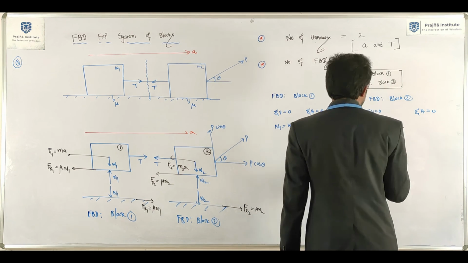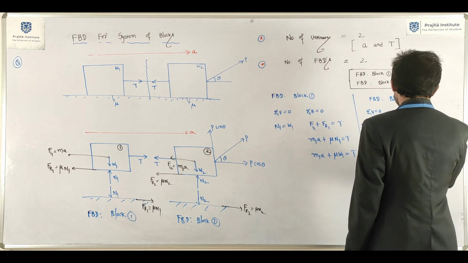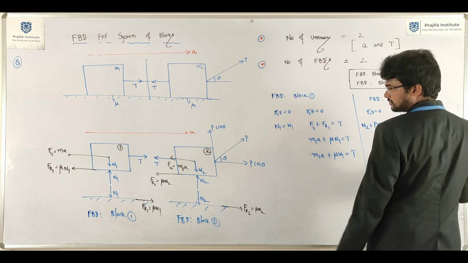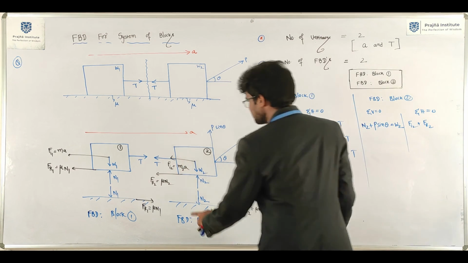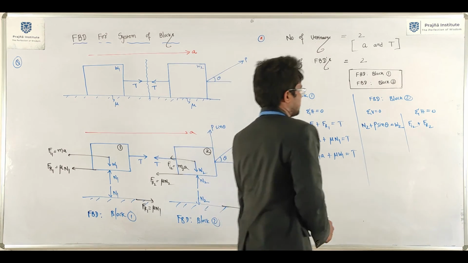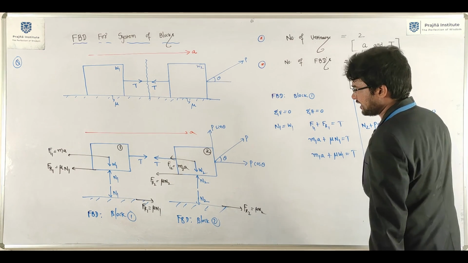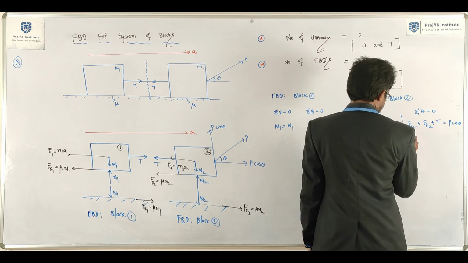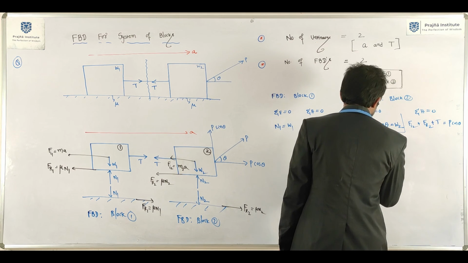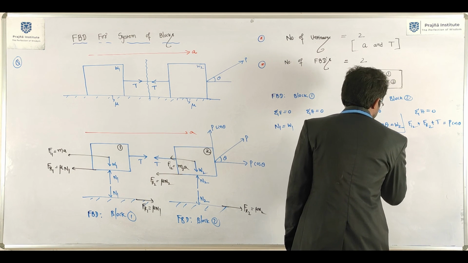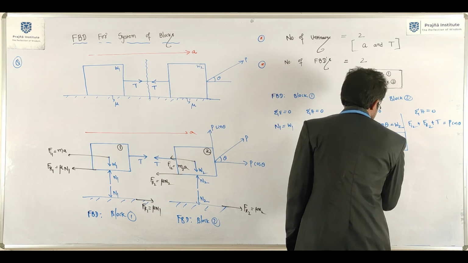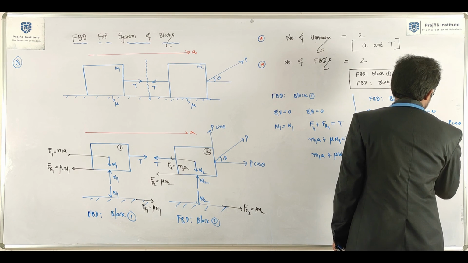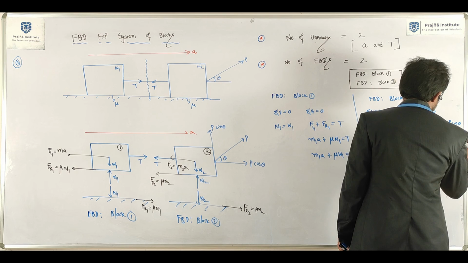Sigma H equal to 0 in the sense inertia force, frictional resistance, these two, and tension T also there, these three equal to P cos theta. Here N2 is equal to W2 minus P sin theta. Here M2A plus mu N2 plus T equal to P cos theta.